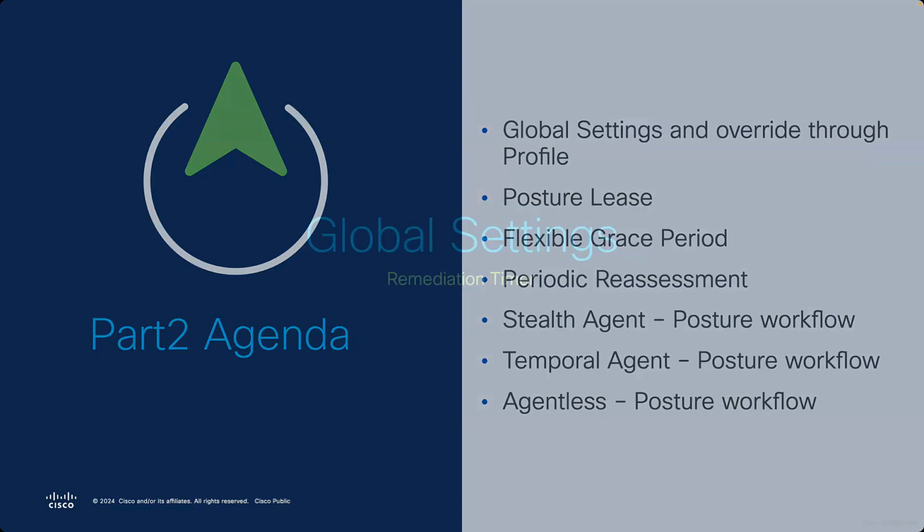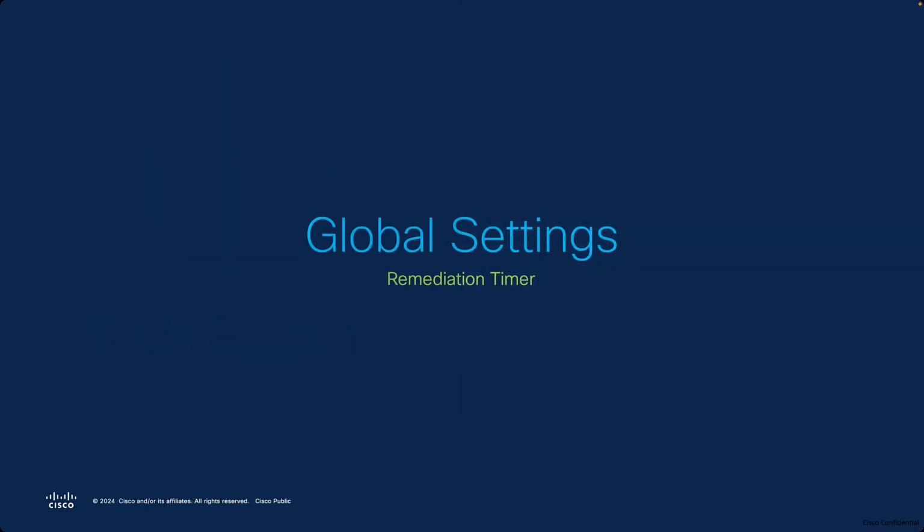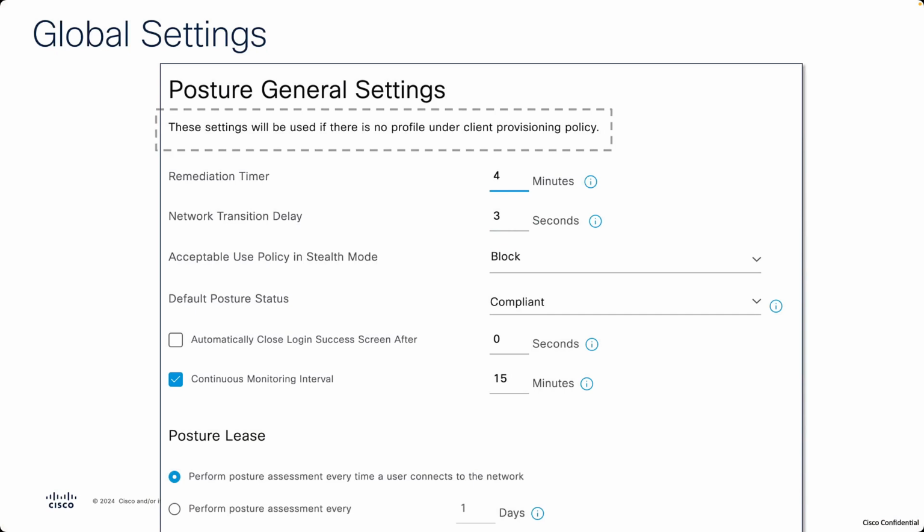First and foremost, the global settings. Now, if you go to the Posture Work Center global settings page, the Posture General settings page, you would notice an info icon. If a device is matching against the client provisioning policy and that client provisioning policy has a profile associated with it, then the agent profile is going to take precedence.